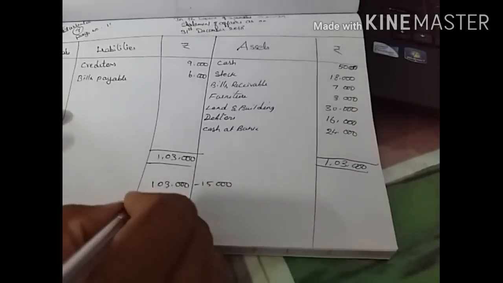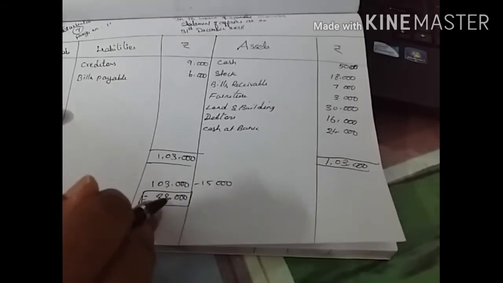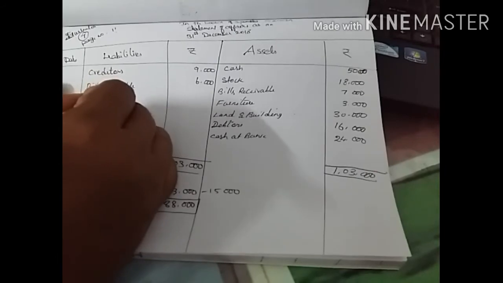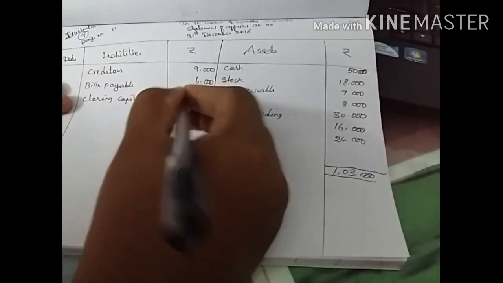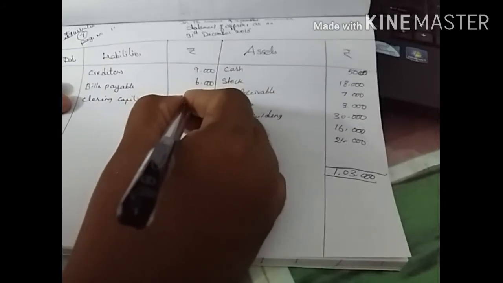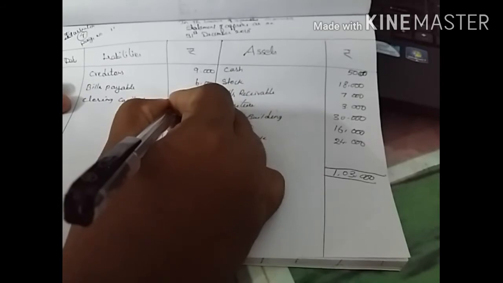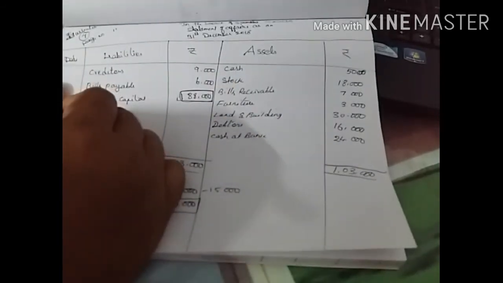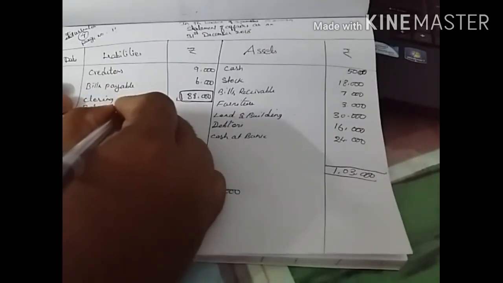So this is a balancing figure I find out. So this is the closing capital. So I have to write closing capital 88,000. So this is the balancing figure, this is how to find it out. So you have to write a balancing figure.